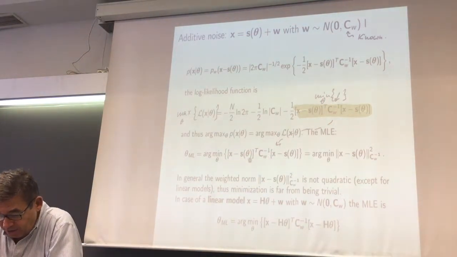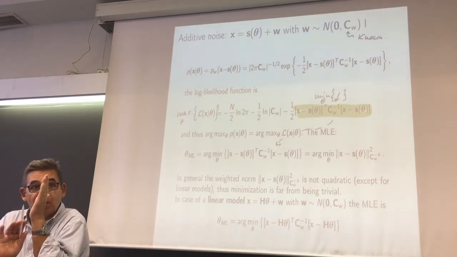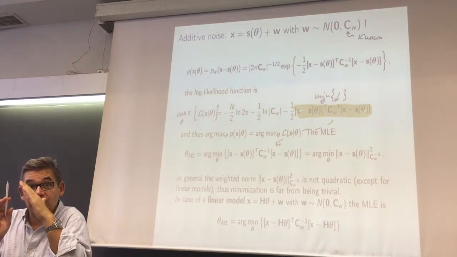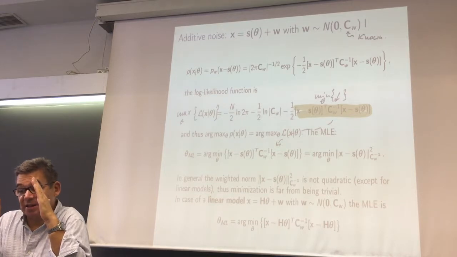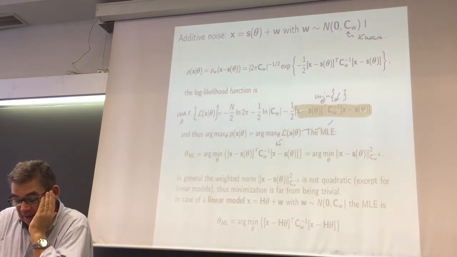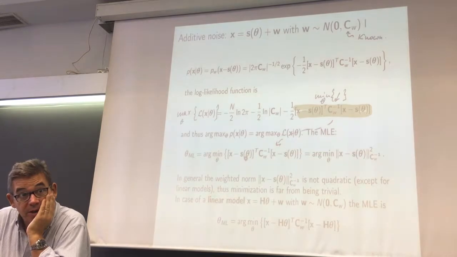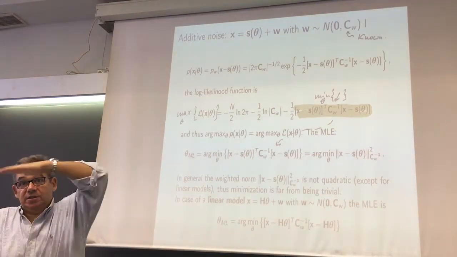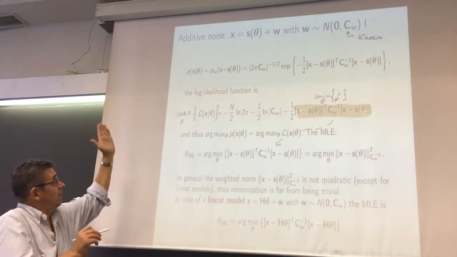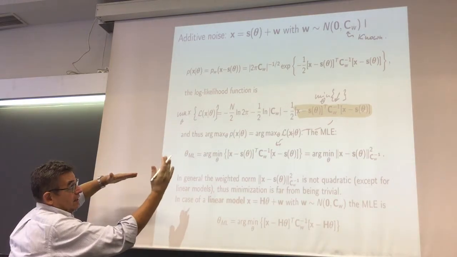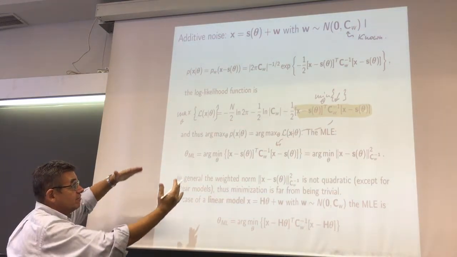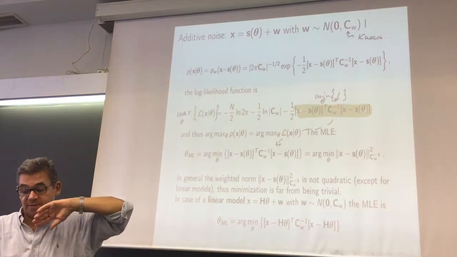Now what is this? It is a vector, the data minus the model, transposed, multiplied by the inverse of the covariance, and then x minus s theta. So it is the data minus the model, a vector, transposed, and then another vector of the error on the other side, everything weighted by the inverse of the covariance.